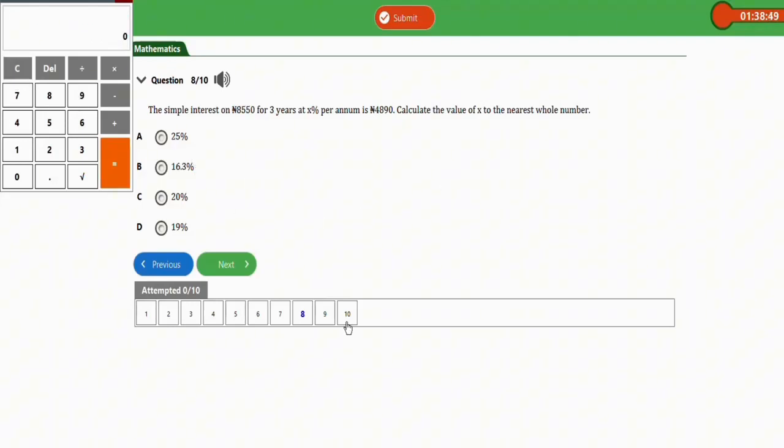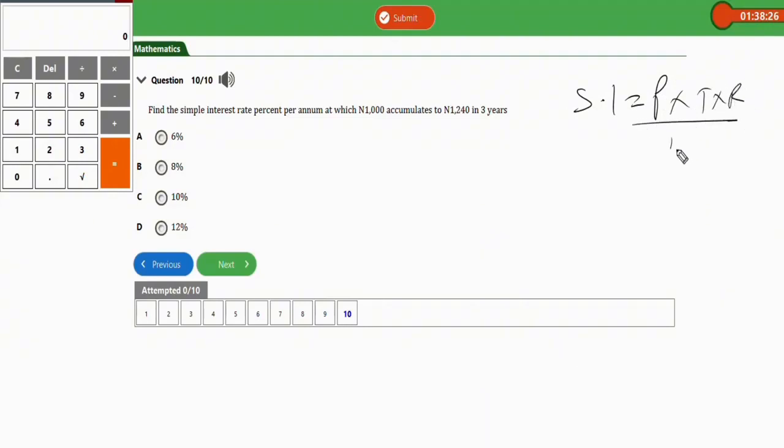Let's look at this question. It says find the simple interest rate per annum at which 1,000 naira accumulates to 1,249 in 3 years. Our formula: simple interest equals principal times time times rate over 100.